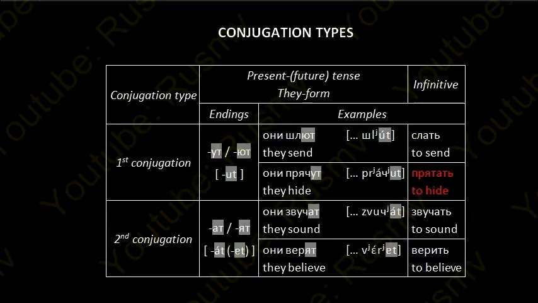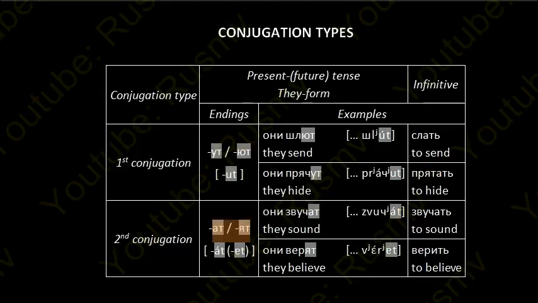Next, we take the verb прятать, to hide. Its they form is они прячут, they hide. Its pronounced ending is also ut, though it's spelled with the letter u in this verb. So this verb belongs to the first conjugation too.